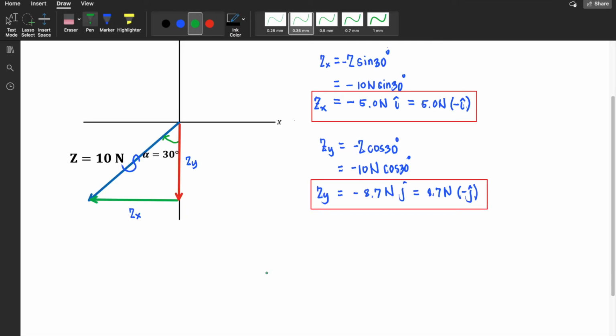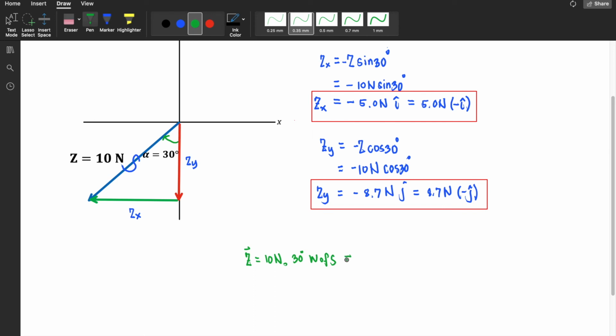It could be written in this form: you'll have z vector, and then you'll have 10 newtons, the magnitude, and then the direction, 30 degrees west of south. I'll be teaching this later.